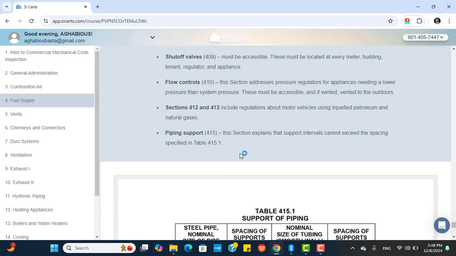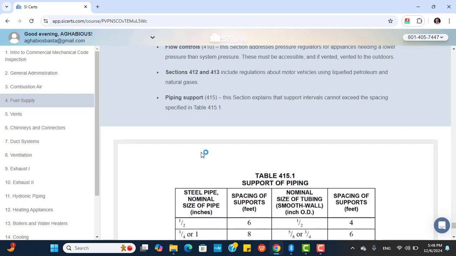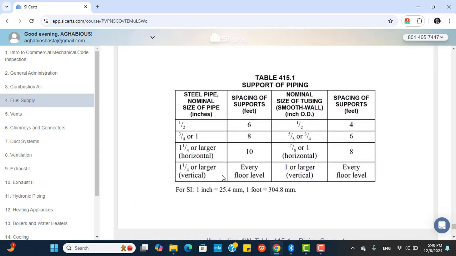Piping support, 415. This section explains that support intervals cannot exceed the spacing specified in Table 415.1. Support of piping, steel pipe, and this is the spacing for support. For example, for half inch we will support every 6 feet.